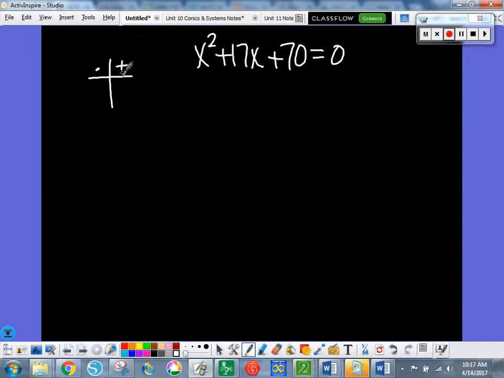What two numbers multiply to 70 and add to 17? 10 and 7. Can we jump to the shortcut? Yep. Yes, good.